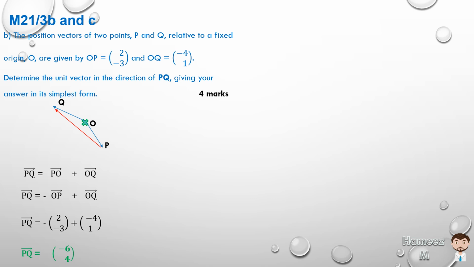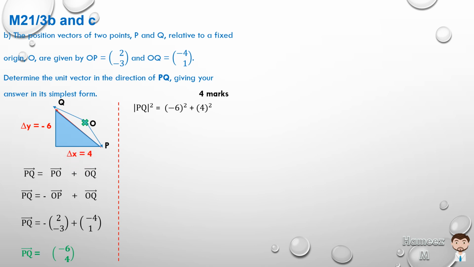So if you want to find the unit vector, then we want to find the length of PQ. So the modulus of PQ, or mod PQ, we can use a right angle triangle in order to use Pythagoras' theorem, where the length of PQ will be the longest side. So mod PQ squared is equal to delta x squared plus delta y squared, which is minus 6 squared plus 4 squared.